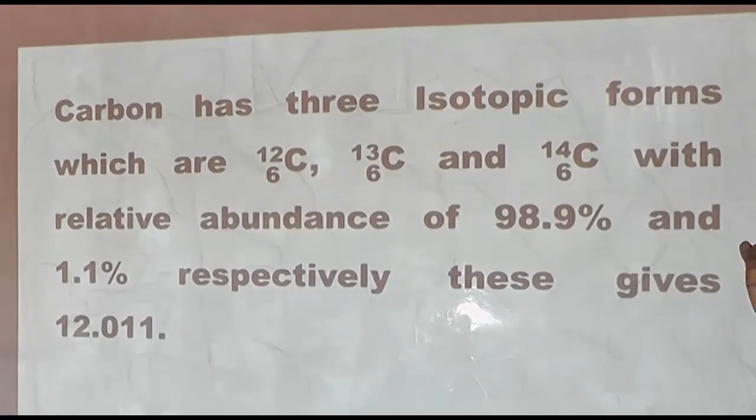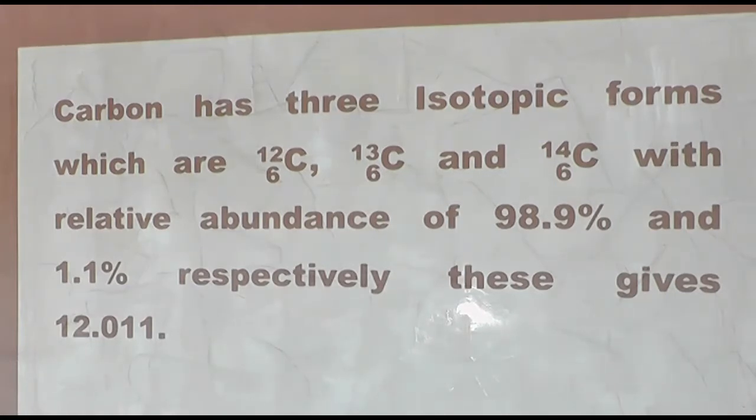The three isotopic forms have 98.9% percentage abundance and 1.1% percentage abundance.